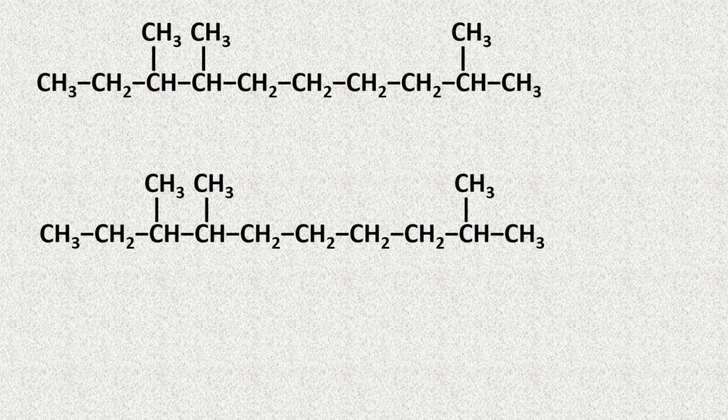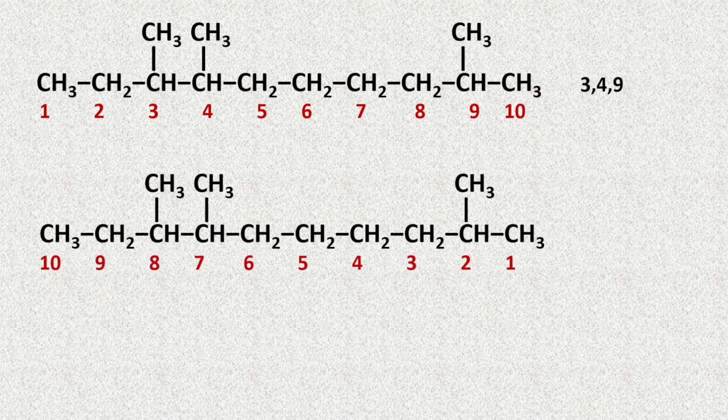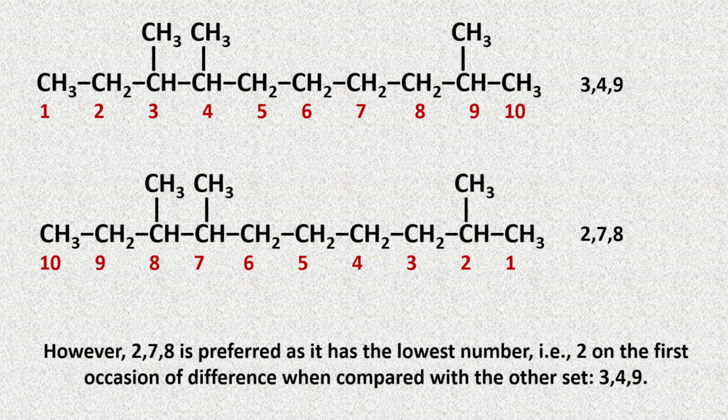Consider this example. From the left end, the locants are 3, 4 and 9, while from the right end, the locants are 2, 7 and 8. However, 2, 7, 8 is preferred as it has the lowest number, that is 2, on the first occasion of difference when compared with the other set 3, 4 and 9.